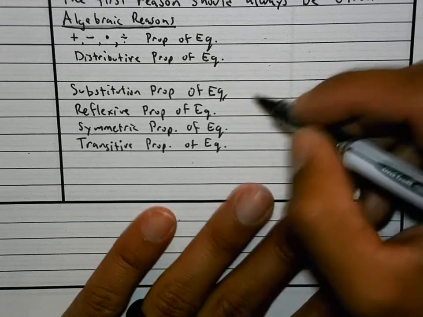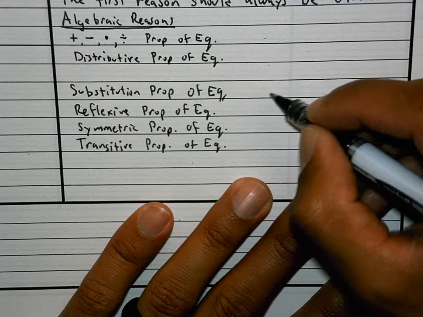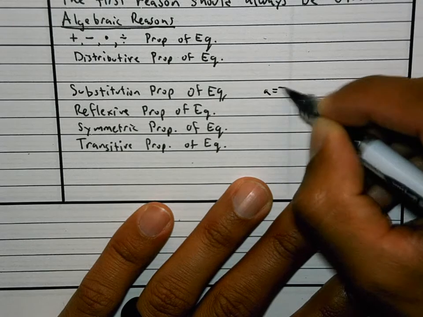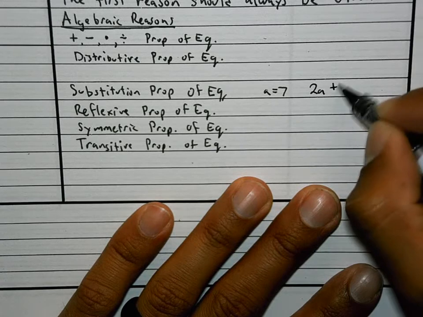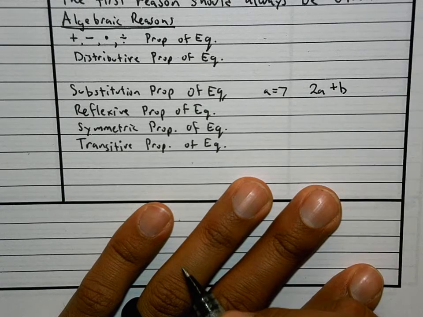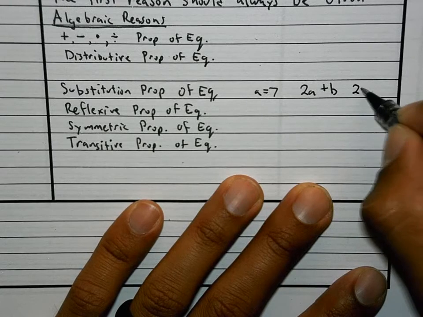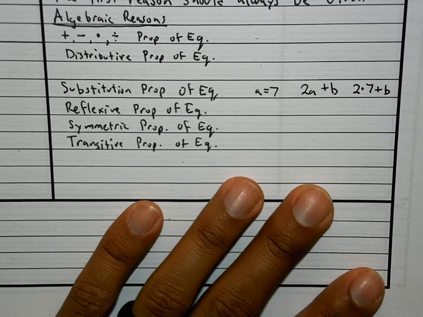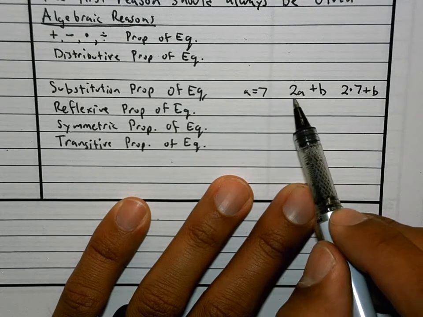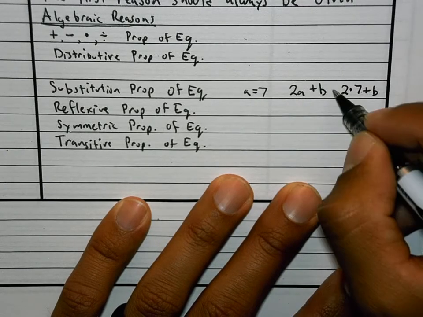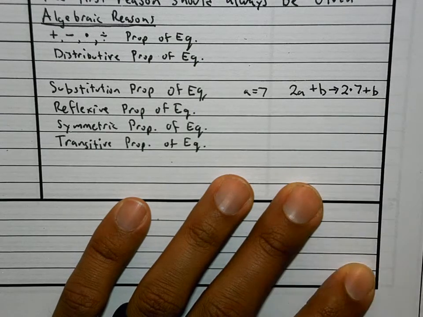So here's what I have written down from last year. If you ever know that A equals 7 and 2A plus B somehow becomes 2 times 7 plus B, what did we do with the A?